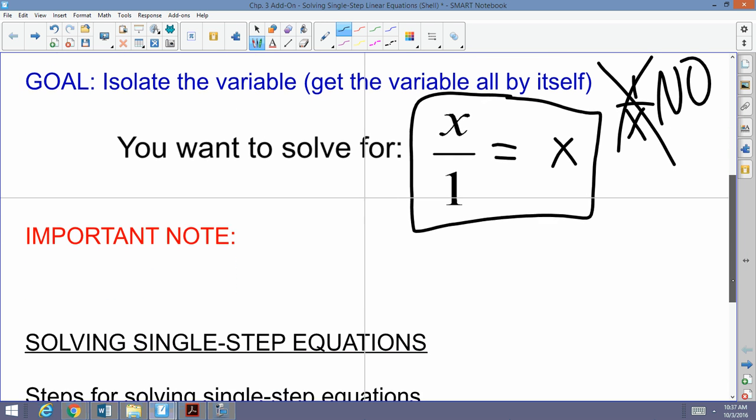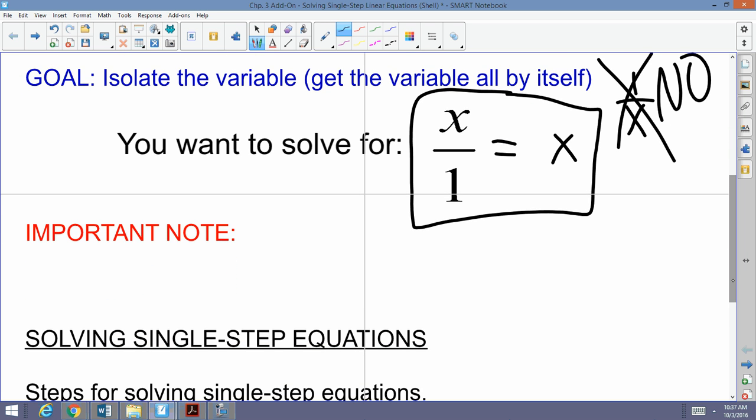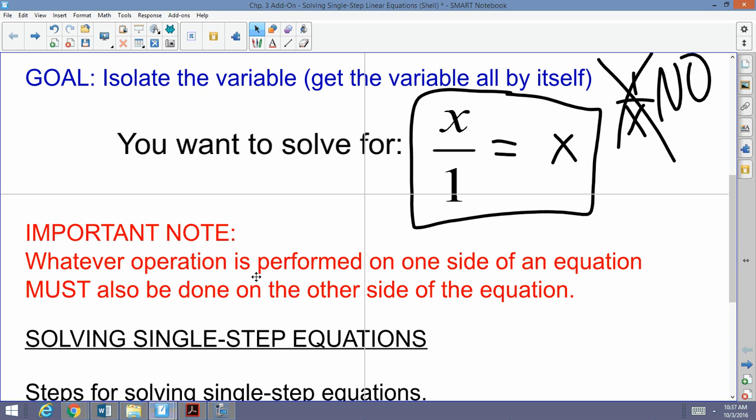And one more important note, very important note. Whatever operation is performed on one side of the equation must be performed on the other side of the equation. The best way I can help you visualize this is with a scale, or even better, weights.